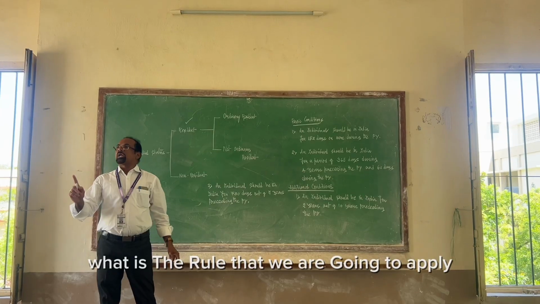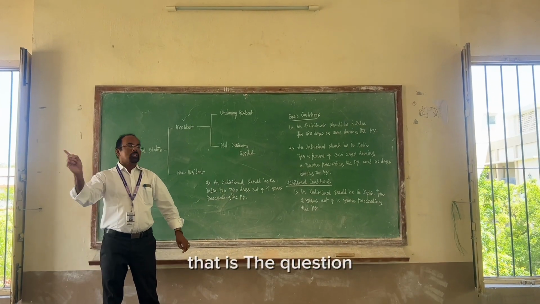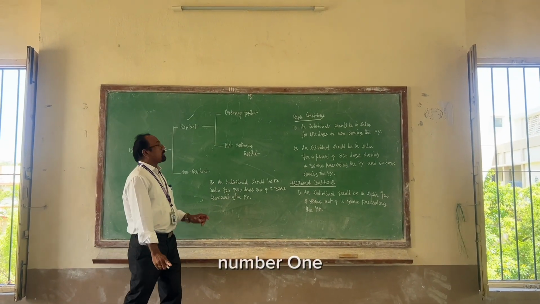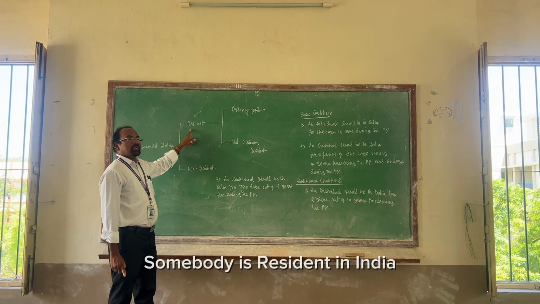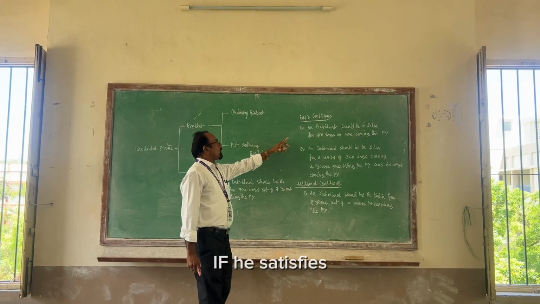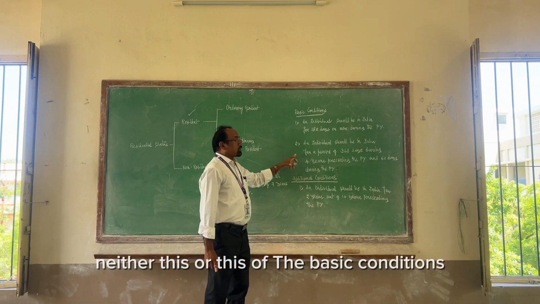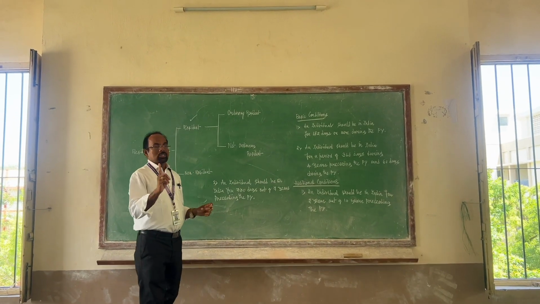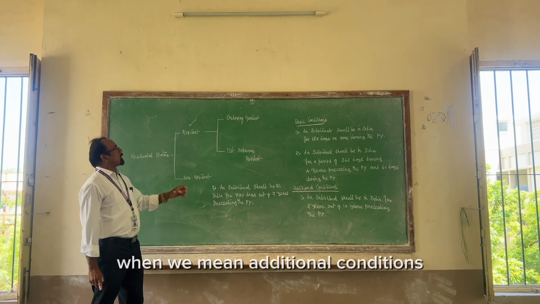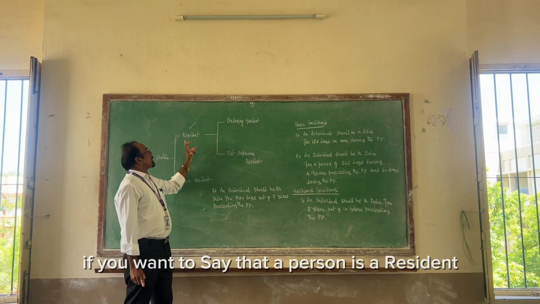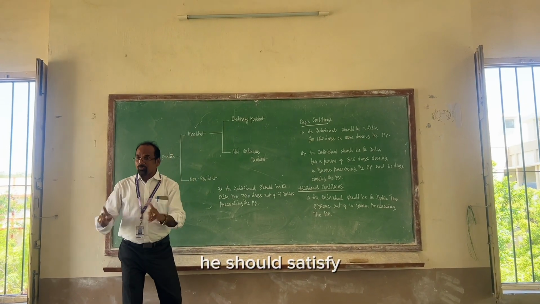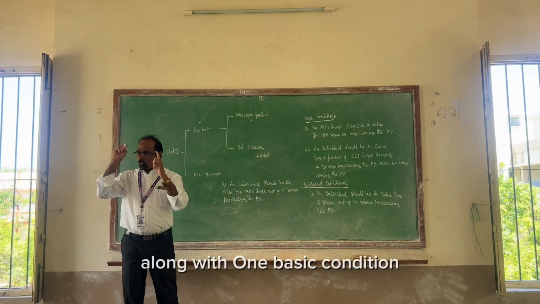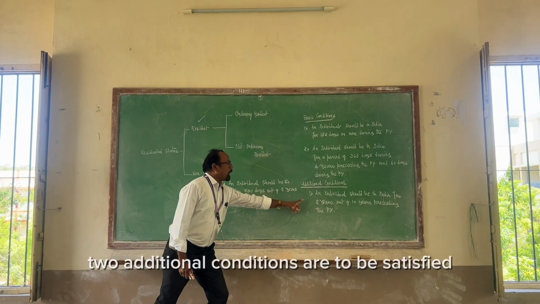Now, the question is finding out the ordinary resident and the not ordinary resident. Now, what is the rule that we are going to apply? That is the question. Number one, we have already found out that somebody is resident in India if he satisfies either this or the basic conditions. When we mean additional conditions, if you want to say that a person is ordinary resident, he should satisfy along with one basic condition, two additional conditions.